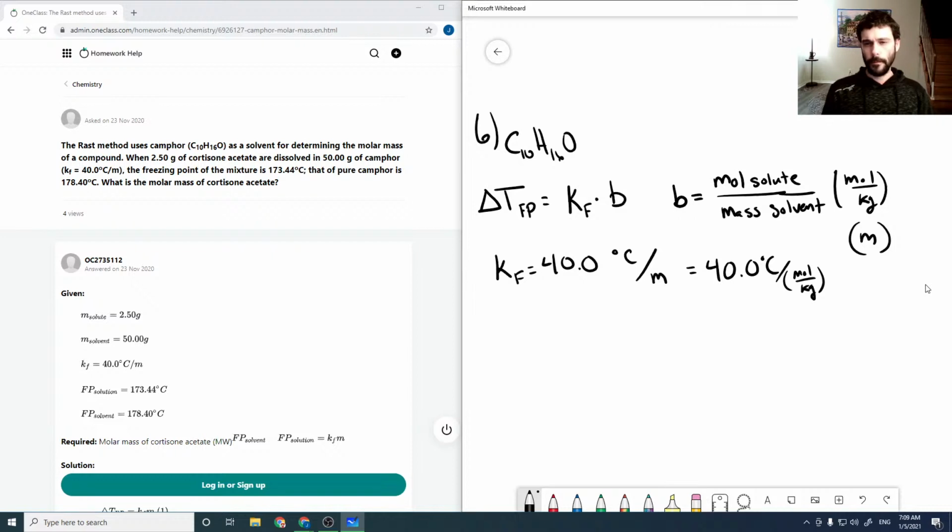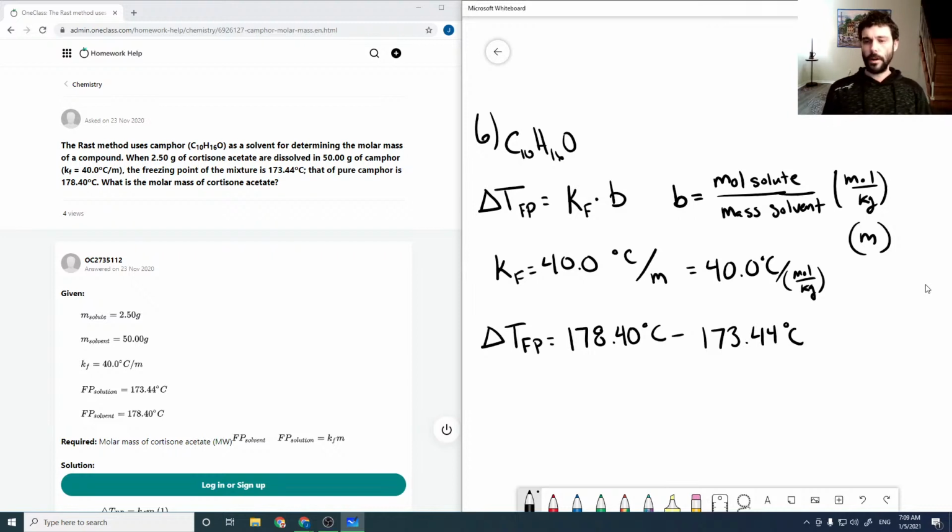So then our freezing point depression in this question is just 178.40 degrees Celsius minus 173.44.